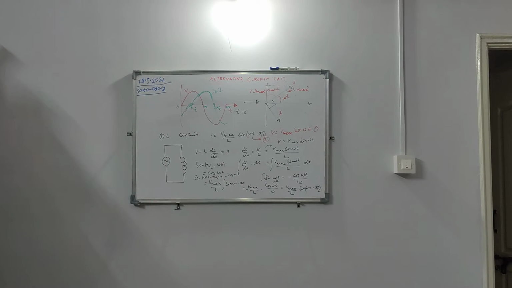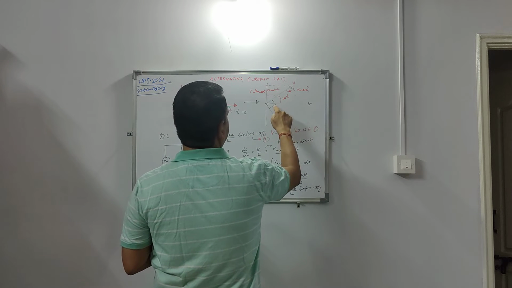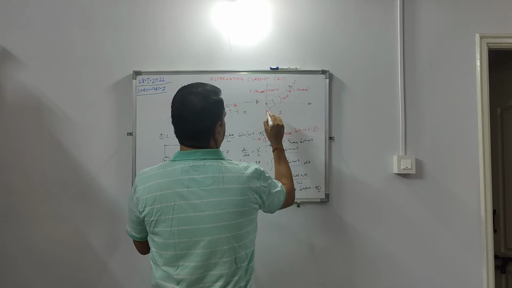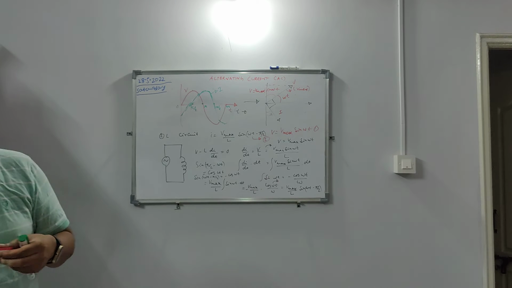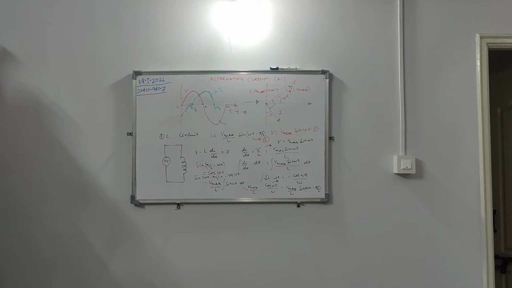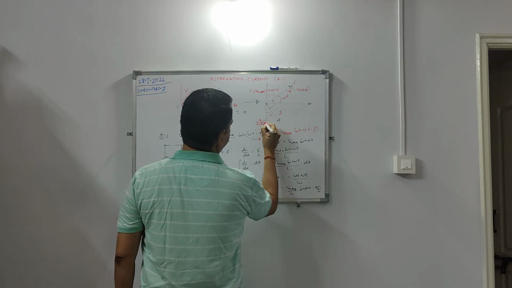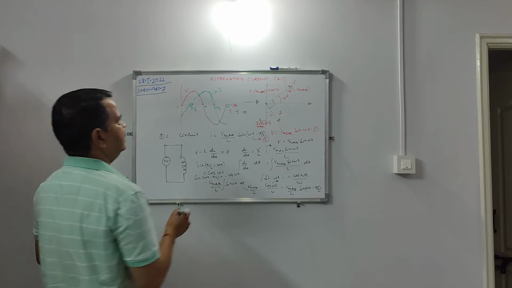If this is omega t, then this is also 90 minus omega t, then this is also omega t, right? This angle. So this is nothing but your I cos omega t, that is I max cos omega t, and that is V max sin omega t.